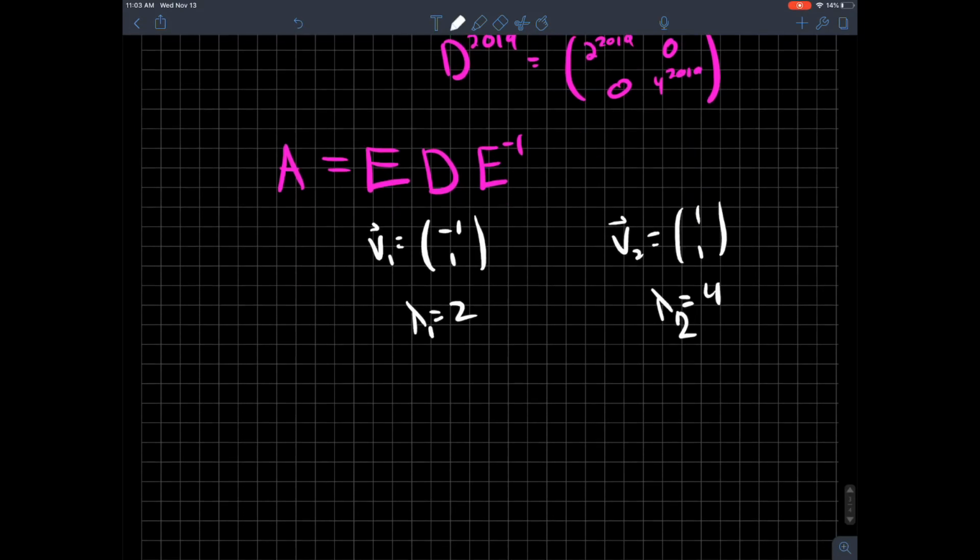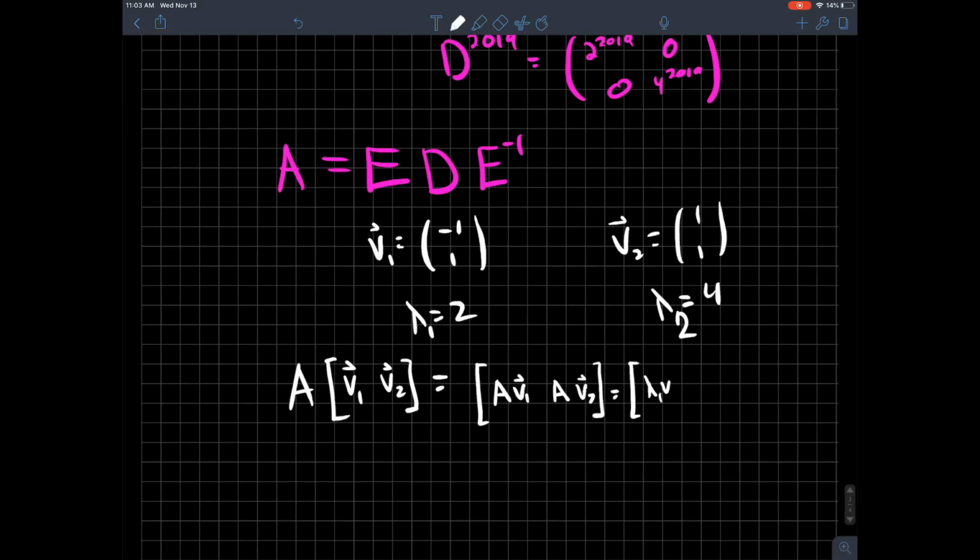So if I were to multiply A by this convenient matrix whose entries are exactly the entries of the eigenvectors, what happens? Well, I multiply this through. The way this is defined is the first column is replaced by the product of A and V1, and the second one by A and V2. What you're going to get is lambda 1 times V1 because it's an eigenvector, and lambda 2 times V2 because it's also an eigenvector.